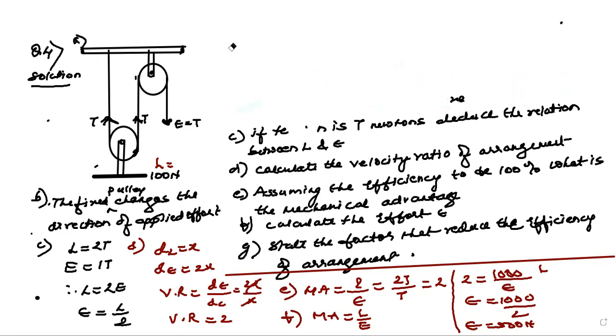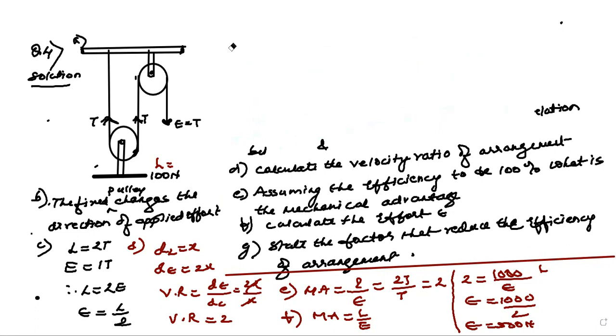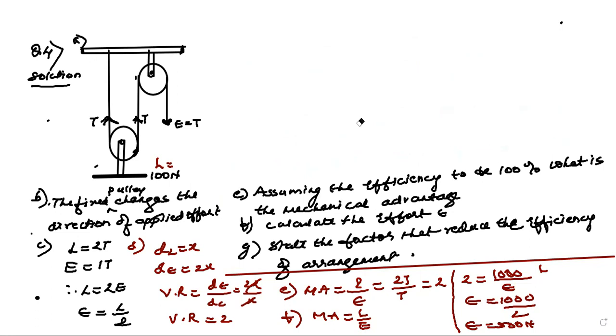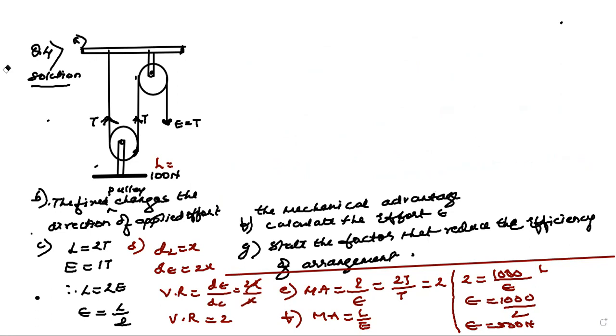Because a part of the input energy always gets used up in moving the different parts of the machine. Second, a part of the input energy always gets used up in overcoming the forces of friction. Of course, it's a different way they're giving it to us.